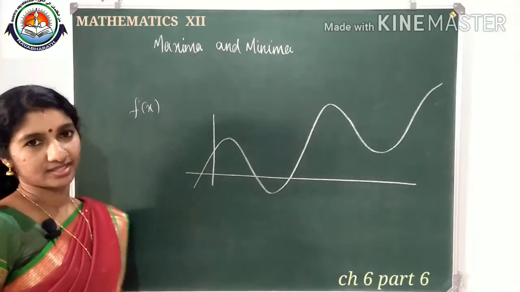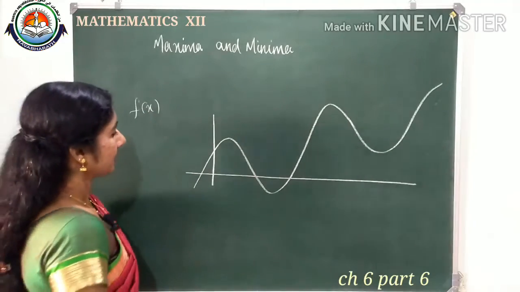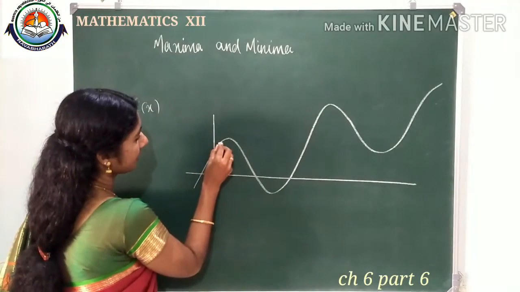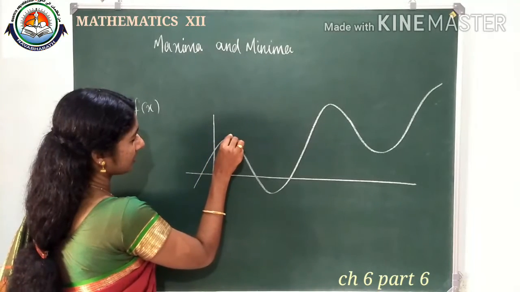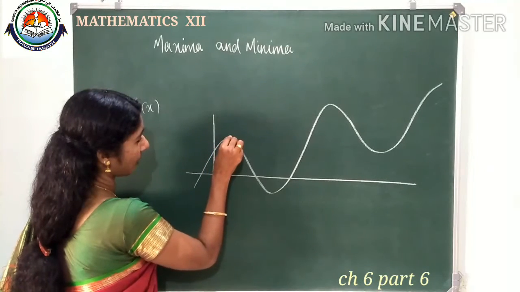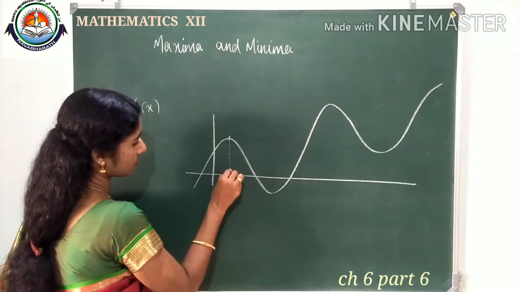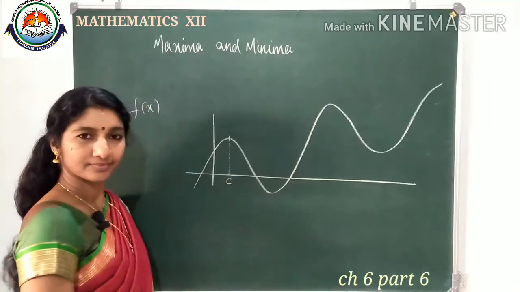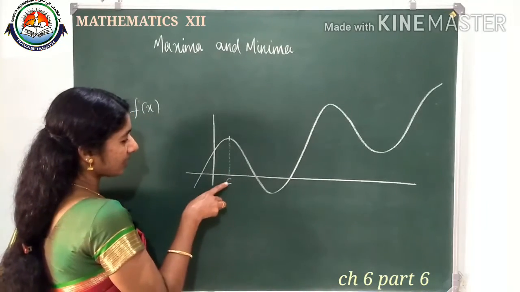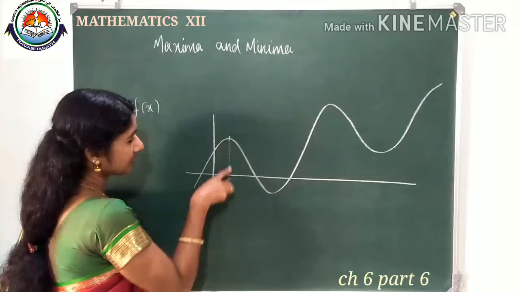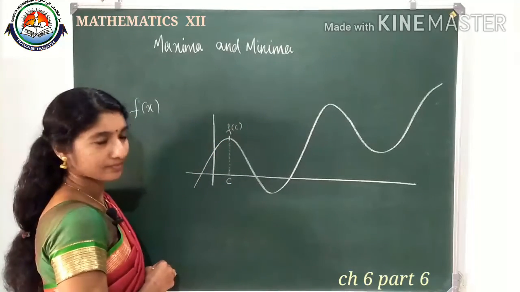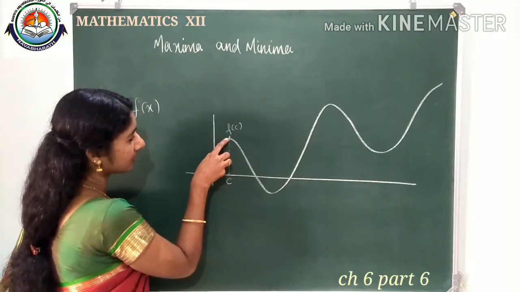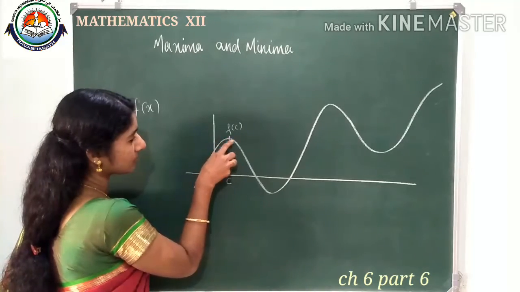So its graph is given like this. See here, these all f of x values are compared with this point. Suppose this point is C. See, at C, this value is f of C, comparing with its neighborhood values.